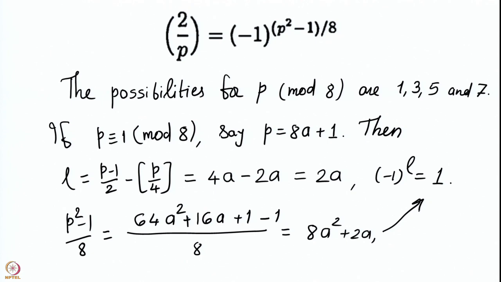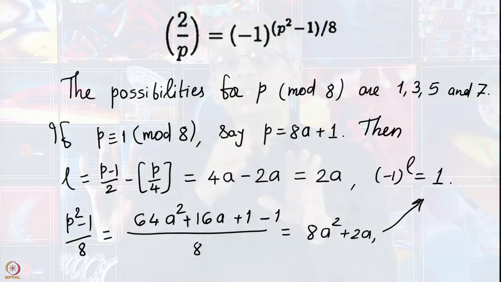So, this is the calculation that we need to do for each of these 4 congruence classes modulo 8, namely p congruent to 1 mod 8, p congruent to 3 mod 8, p congruent to 5 mod 8 and p congruent to 7 mod 8. So, doing the computation for these 4 cases would tell you what the Legendre symbol of 2 modulo p is going to be once we have the Gauss lemma with us.